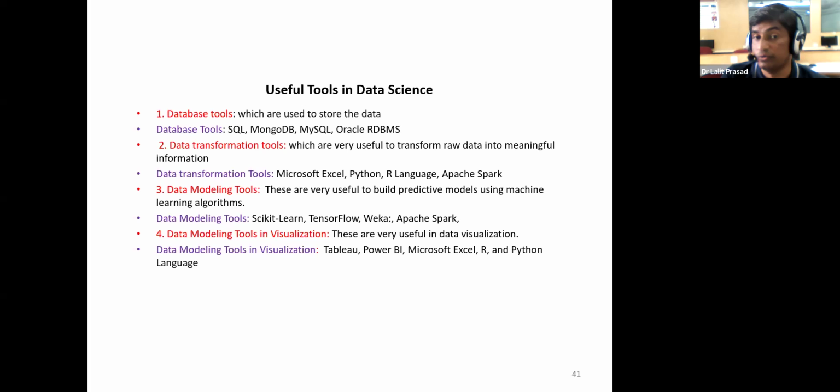Data transformation tools, which are very useful to transform the raw data into useful information: Microsoft Excel, Python, Apache, then R language and all these things. Data modeling tools. Then the data visualization tools that I have told you: Tableau, Power BI, Microsoft Excel, R, Python. So these are the useful tools in data science that are used in industry.